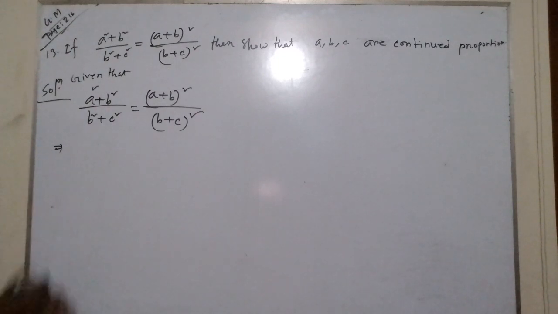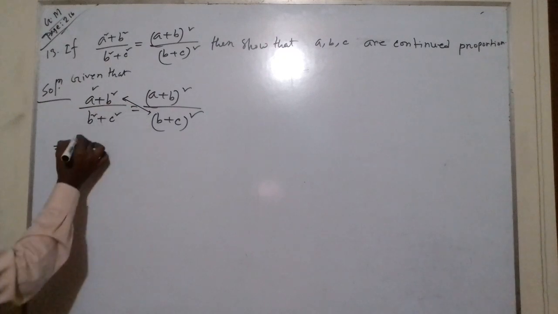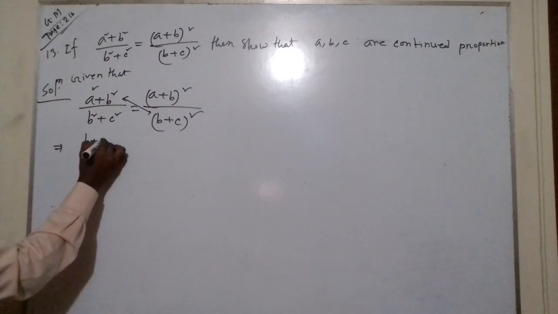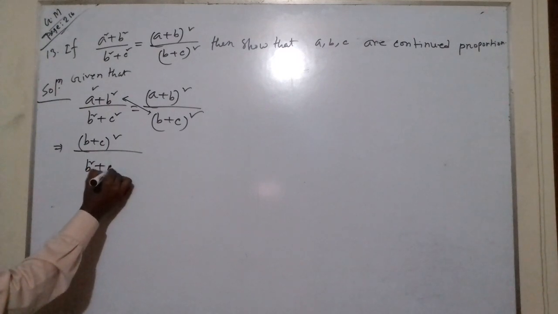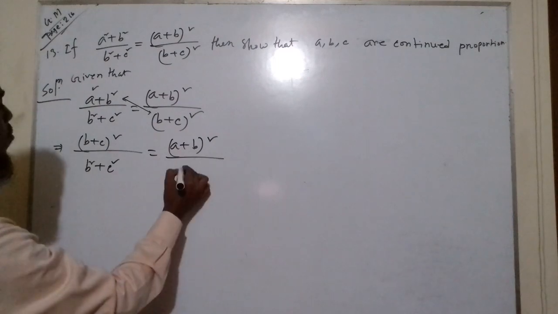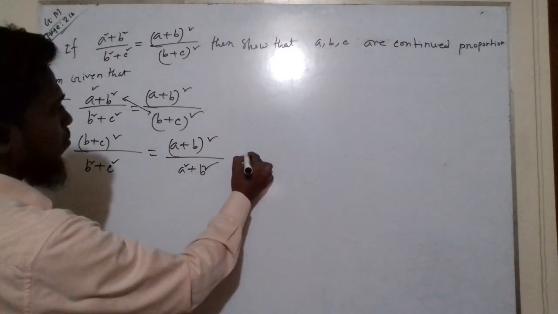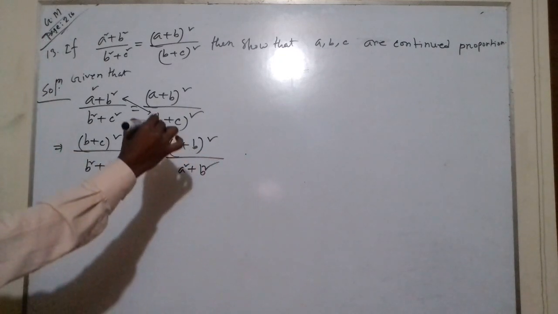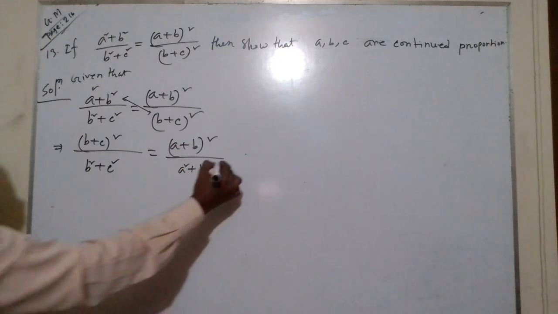If we apply the law of alternando, then we can write b plus c whole square divided by b square plus c square equals a plus b whole square divided by a square plus b square. The law of alternando.